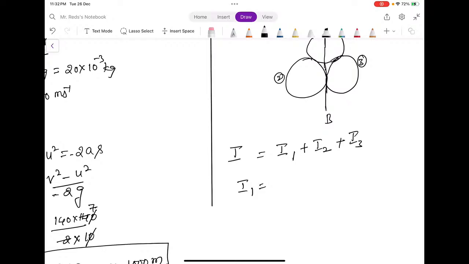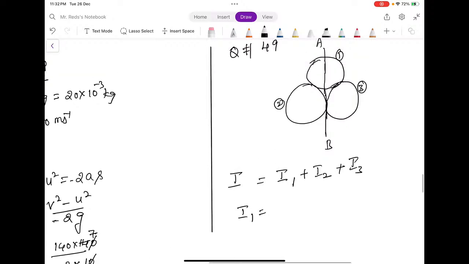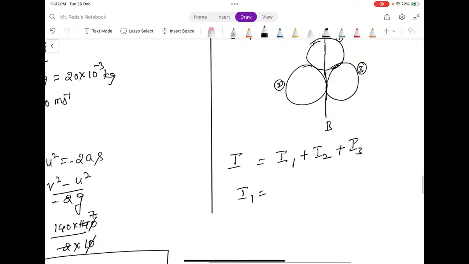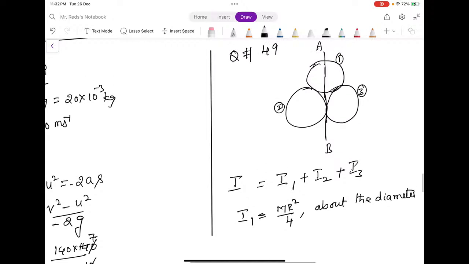Then about the diameter, you have to use the perpendicular axis theorem. According to it, I1 is nothing but mr square by 4, about the diameter. Here this axis AB is acting as the diameter for this disc.